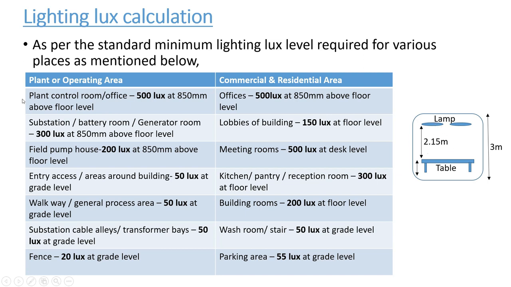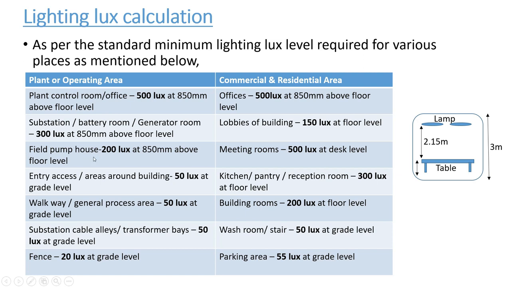500 lux. Second, a substation, battery room or generator room requires 300 lux at 850 mm above floor level. Similarly, in a commercial area, lobbies or waiting rooms of buildings require only 150 lux at floor level. It means the lamp produces a lux level of 150 reaching the floor level, the ground.